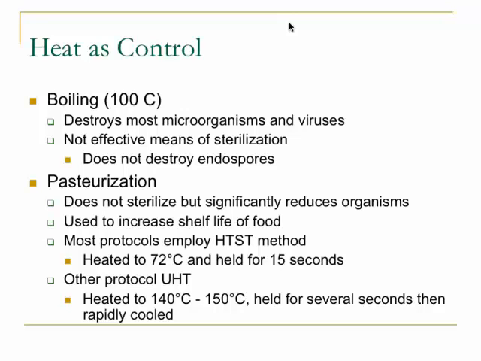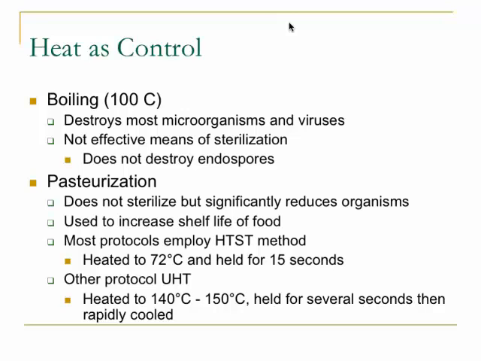Pasteurization does not sterilize. It doesn't even reduce the organisms by a fixed amount, but it reduces the organisms enough so that it increases the shelf life. And there are two types of pasteurization.